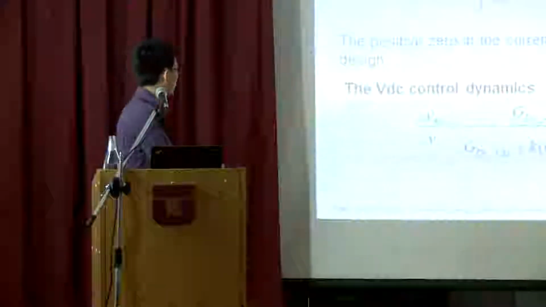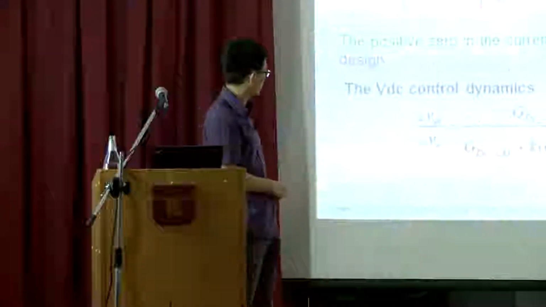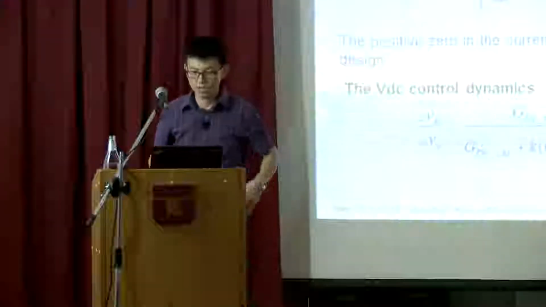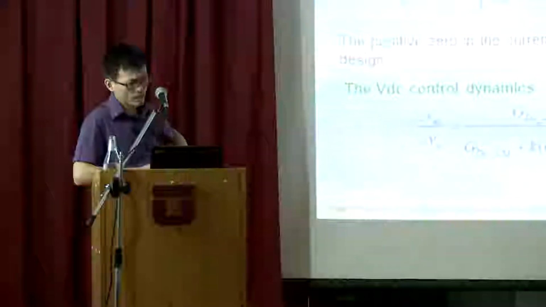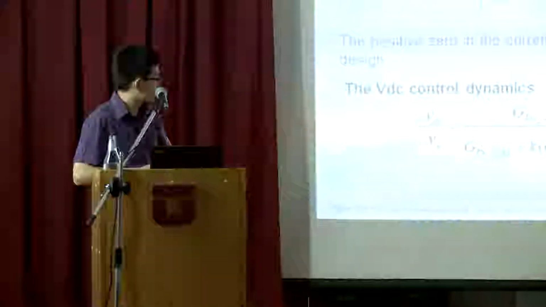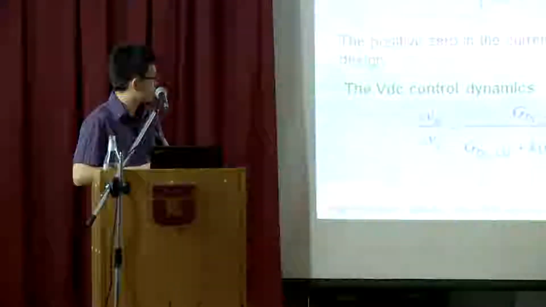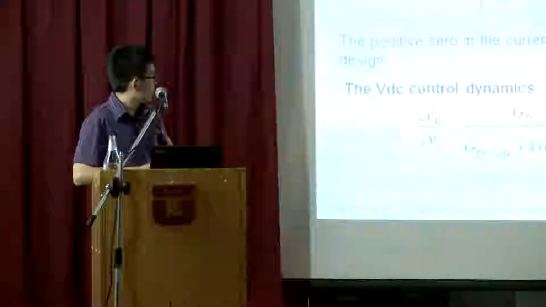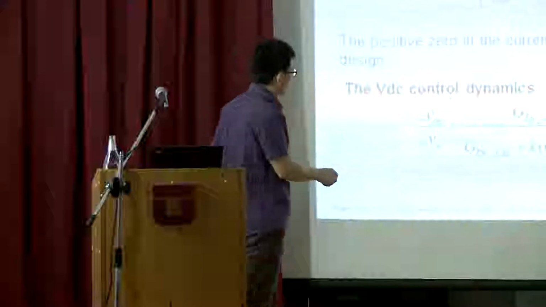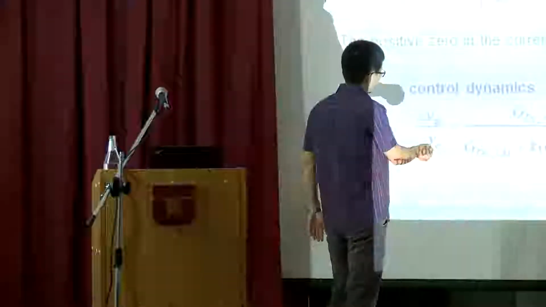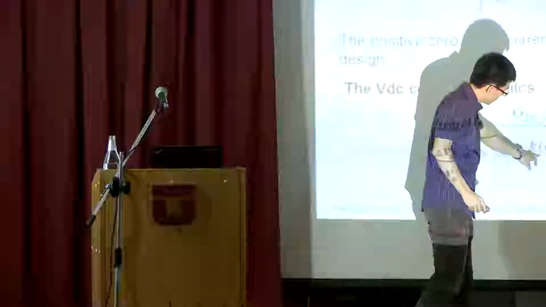Start from here, and you can derive the transfer function essentially. So the VDC control dynamics: essentially, delta VDC over delta VO, the change of the DC link voltage. It has this kind of form, but it doesn't matter. Don't worry about this. Essentially just substitute here to here. What's really interesting is you look at the K here.